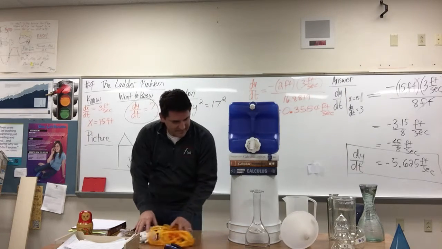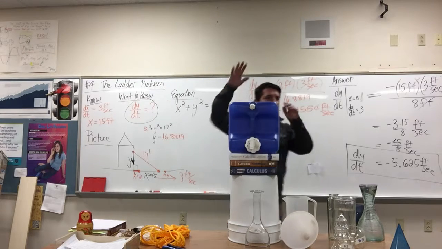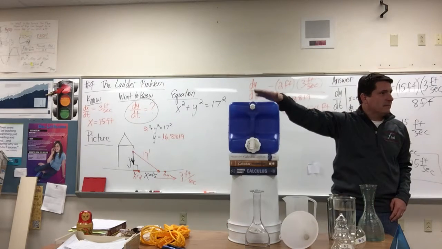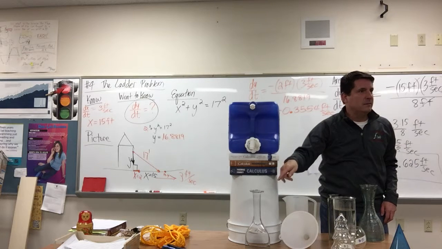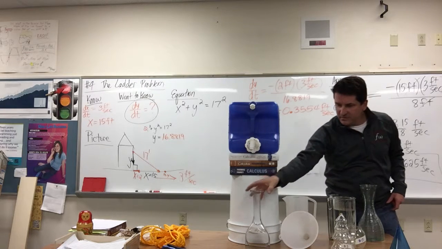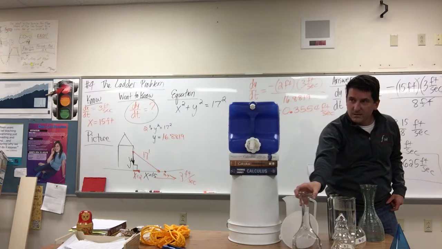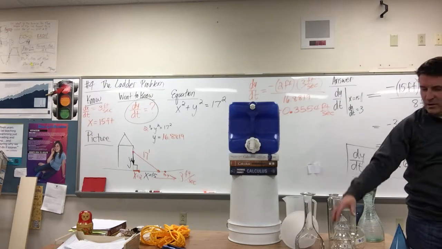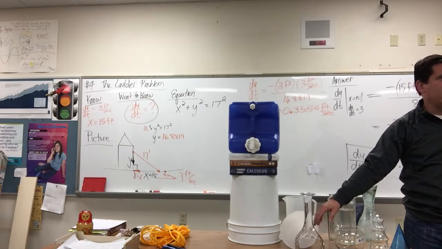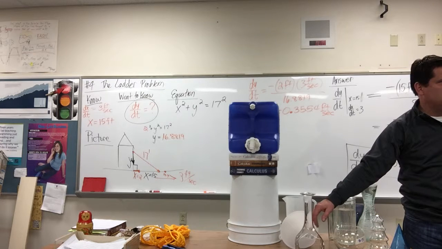Okay, constant rate, constant rate, and then variable rate for the height. The fun part is, what is dV/dt for me filling the vase?